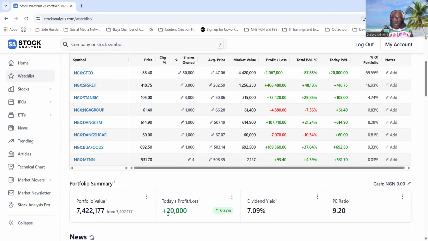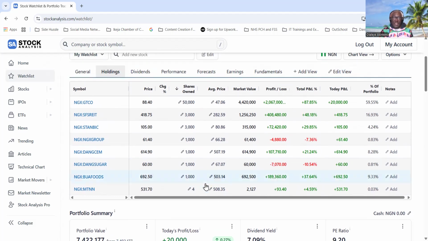But this figure is updated every day by this website because I've already input the number of units that I have and the average price. And because I've registered with the website, this information is stored in my account. If you do not register, once you come out of the page, the information will be deleted, and you have to re-enter it all over again.